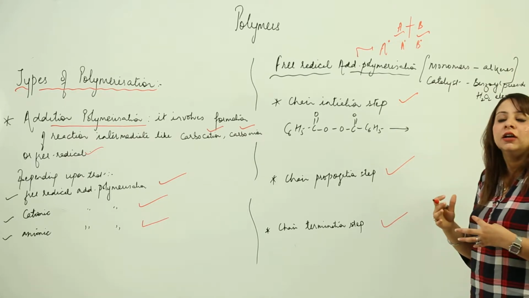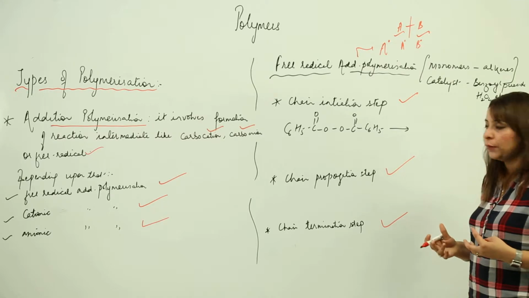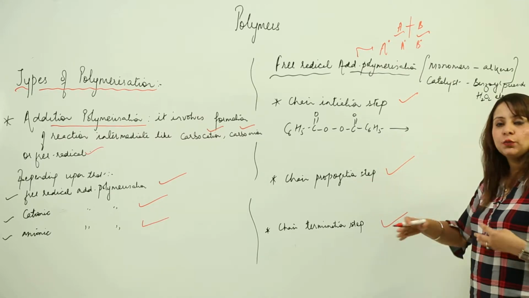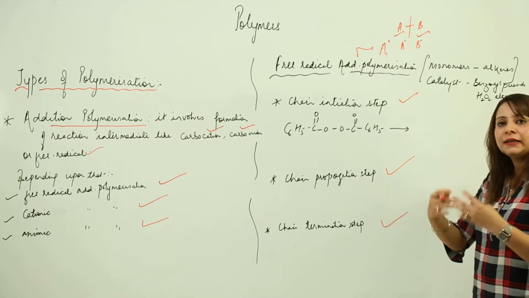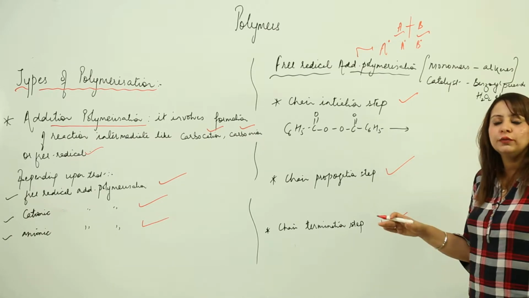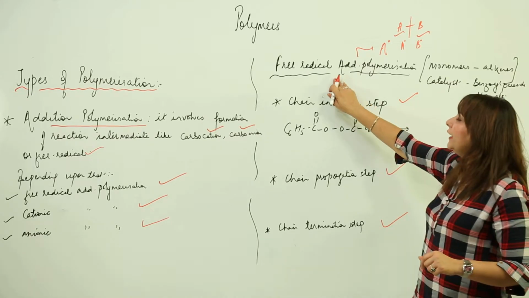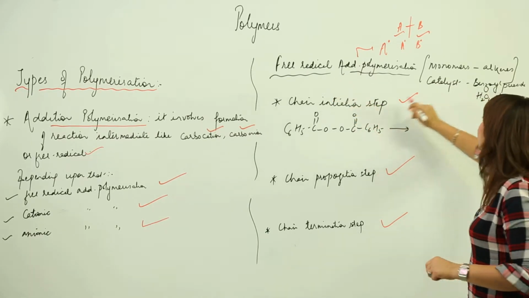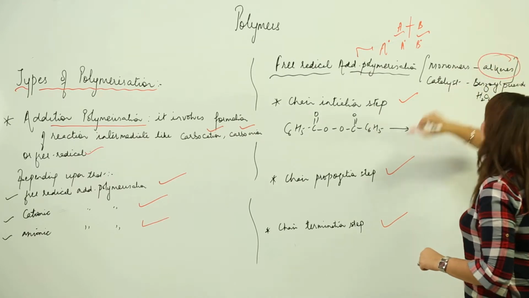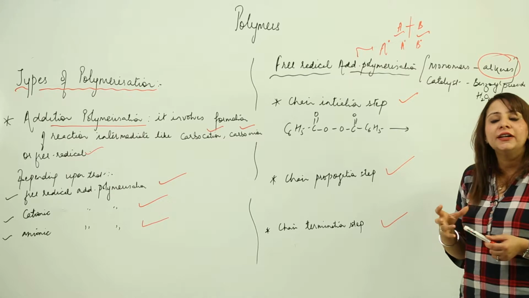Initiation is where the catalyst starts functioning and the intermediate is formed. Propagation means the chain starts linking up and the reaction speeds up, and termination is when we want to wind up the reaction. Free radical addition polymerization is basically seen where the monomers are alkenes.